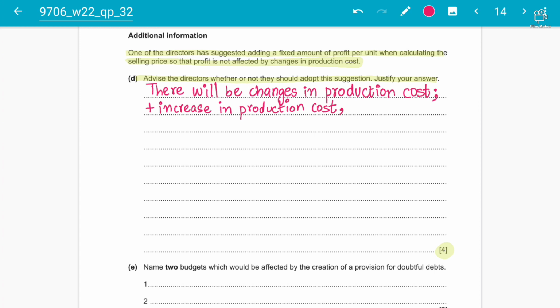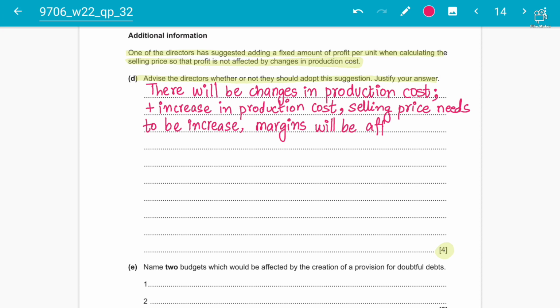Just like the normal universal law, if your raw materials become expensive and labor becomes expensive, you will increase your selling price, right? Then your margins will be reduced. Selling price needs to be increased, and if the profit per unit is fixed, then you would struggle, your margins will be affected. Okay, so this is the point that you can write, your margins will be affected.